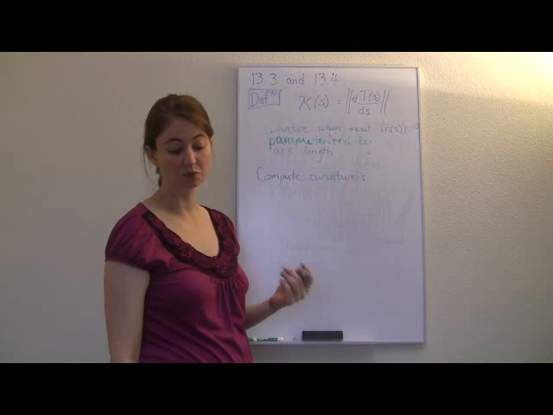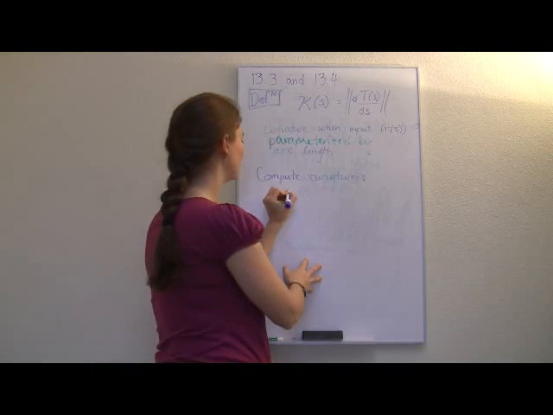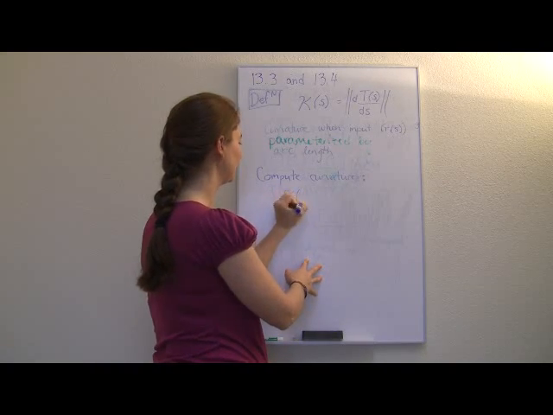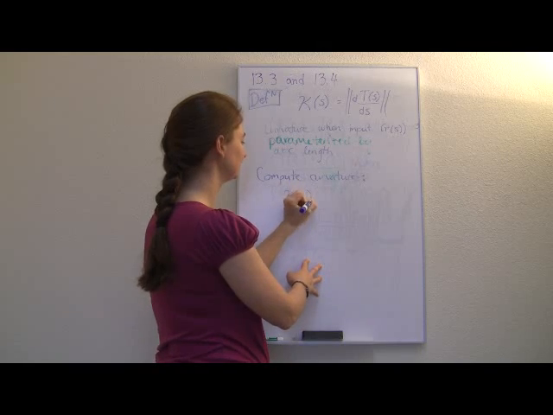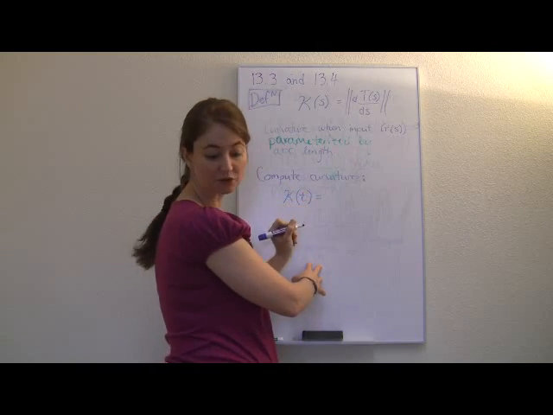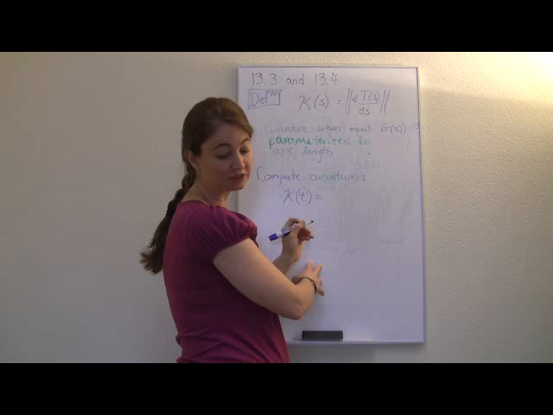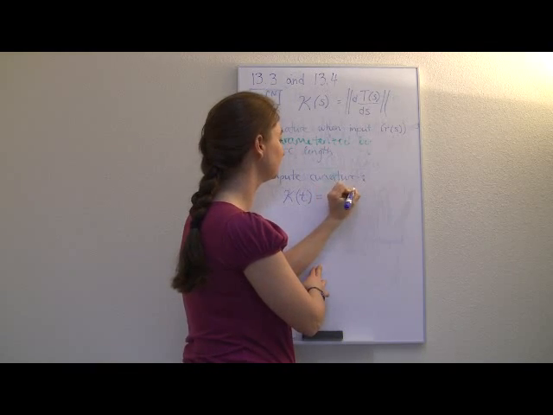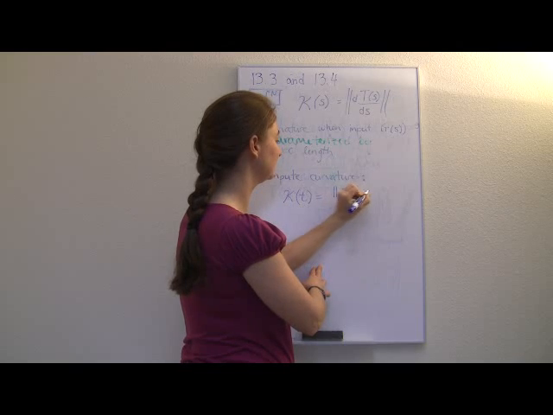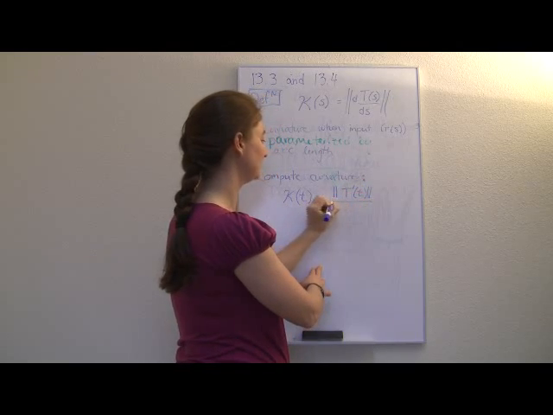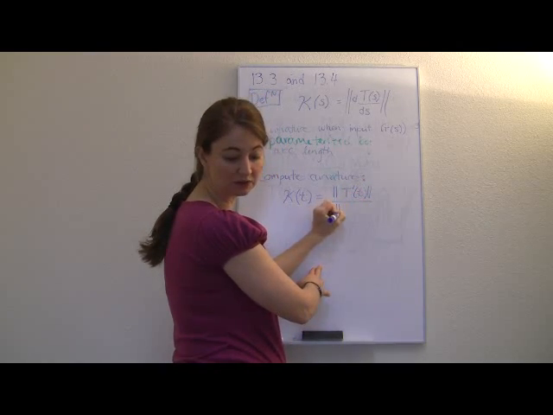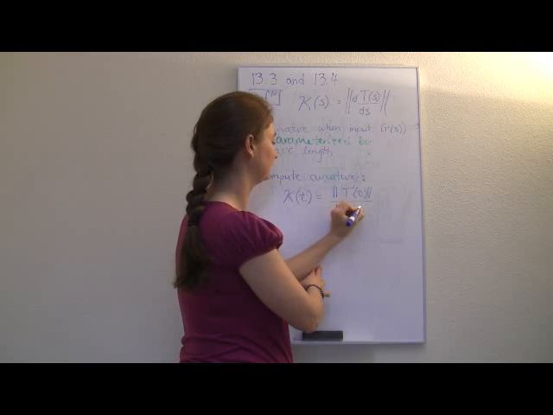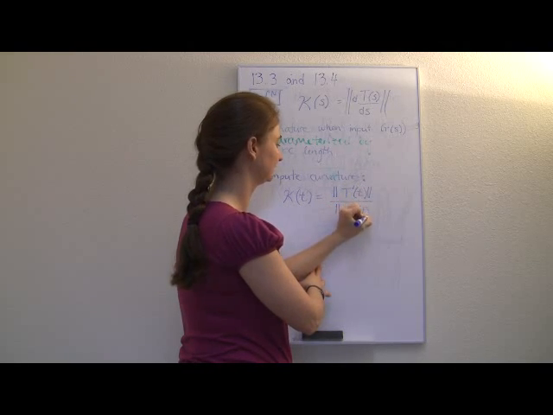In this case, we see that our curvature kappa of t is going to be equal to, actually it turns out by chain rule, the magnitude of T prime of t divided by the magnitude of r prime of t.